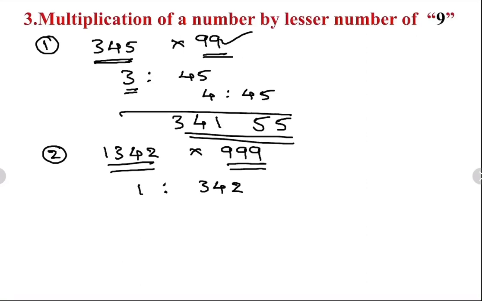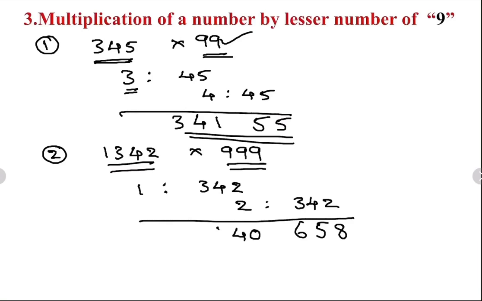So 1 plus 1, 2. 2 is to 342. Subtract 342 from 1000 because 999 is near to 1000. So 10 minus 2, 8. 9 minus 4, 5. 9 minus 3, 6. Then 0, 4, 3, 1, means 1342 minus 2 you have to do.